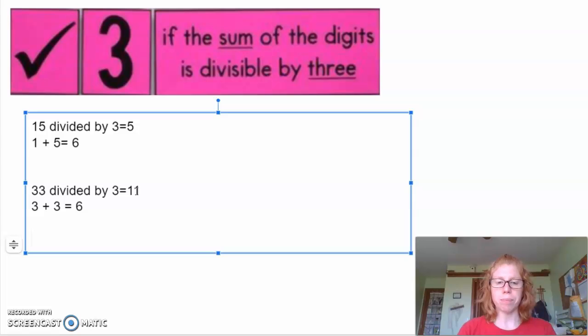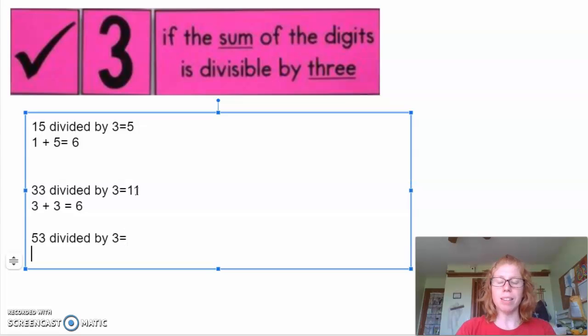Let's try another one. 53. 53 divided by 3 equals, is this going to be even? Can 53 be split up into 3 even ways? Let's look at the digits of the number 53. 5 plus 3 equals 8.